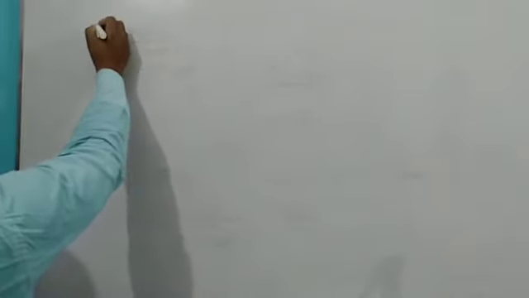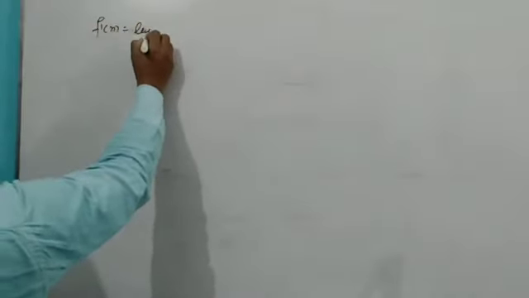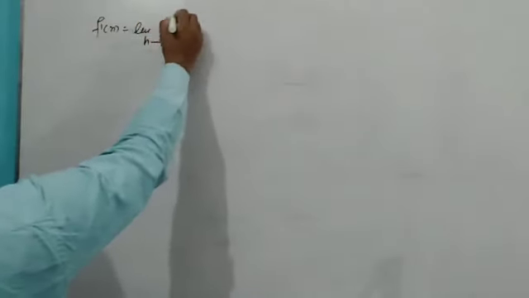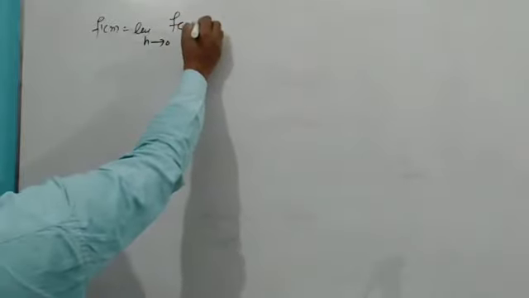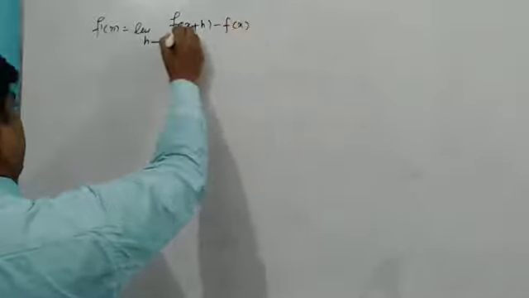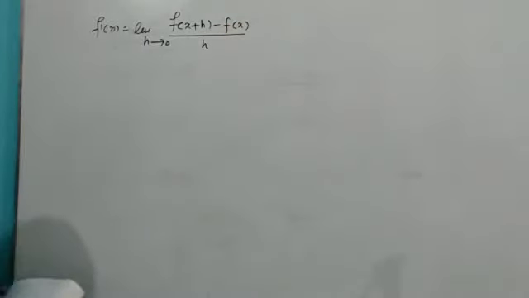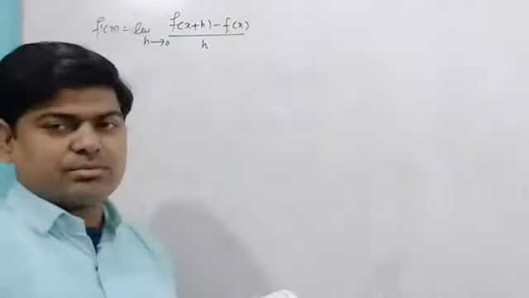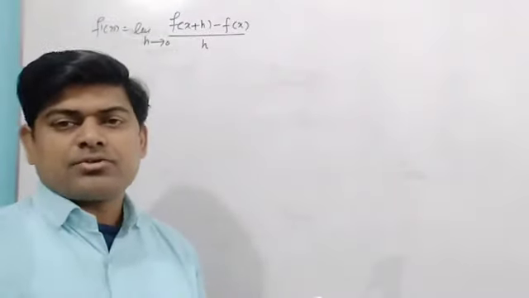As you know, when we are differentiating by the first principle, we used to write f dash x is equal to limit h tends to 0 of f(x plus h) minus f(x) upon h. This is the standard formula, as I told you in a previous exercise also. Two things were there.